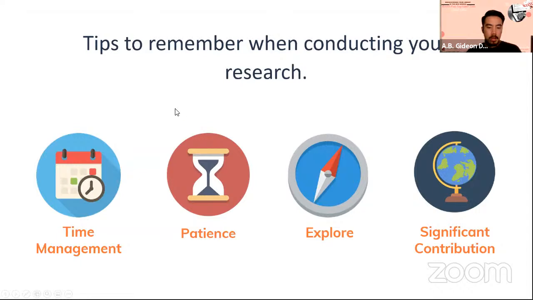Okay, so these are actually tips that I want to leave you. So obviously, time management, always consider your deadlines. And as you have seen earlier, the research process in locating at least a single article takes a lot of time. First off, you need to determine the proper keyword.